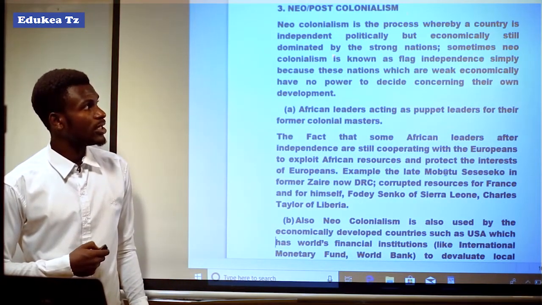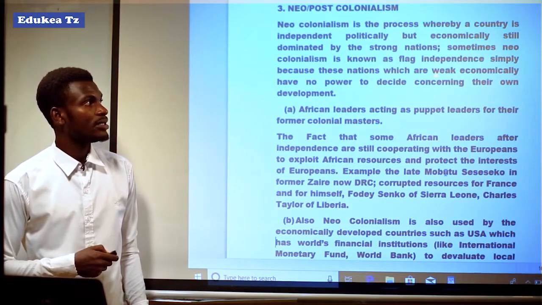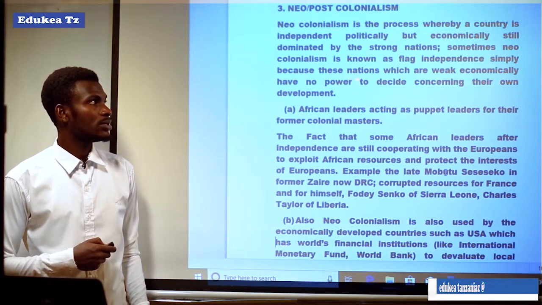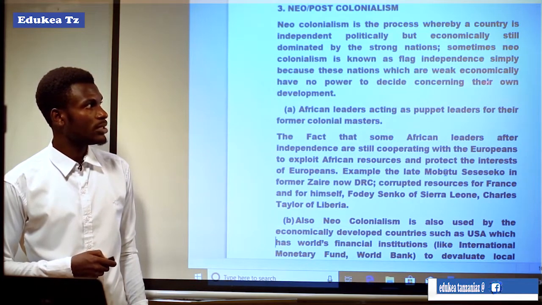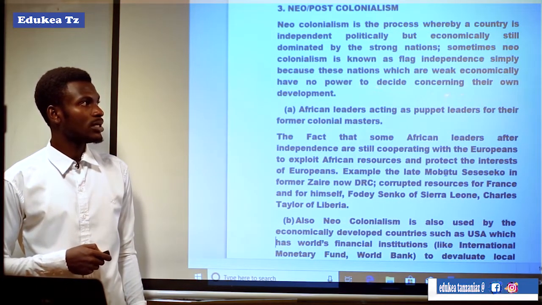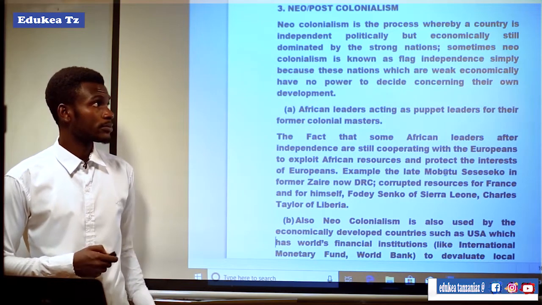Sometimes neo-colonialism is known as flag independence simply because these nations which are weak economically have no power to decide concerning their own development.